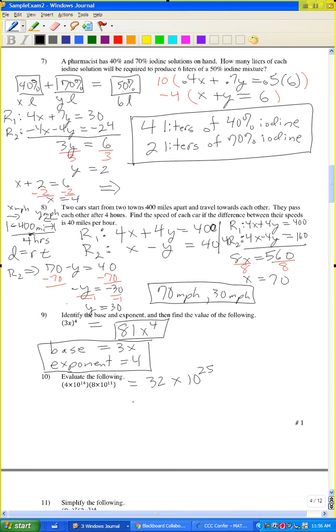That's a relatively large number, so maybe I'll just leave it like that. You could write it in scientific notation, but it doesn't tell you to, so maybe I'll just leave it like that. Problem number 11.